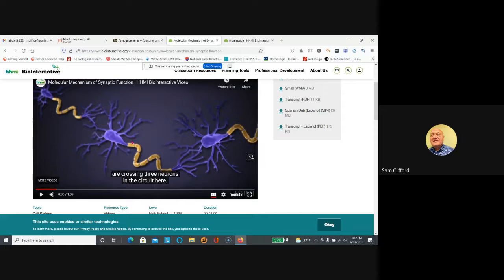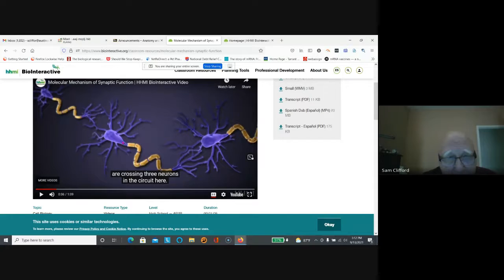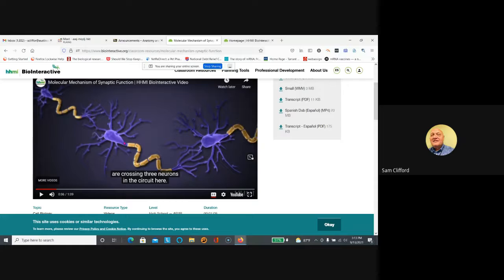And because this is insulated, the impulse, if it's high enough to cause sufficient voltage, jumps from node of Ranvier to node of Ranvier. So these are called multipolar neurons.